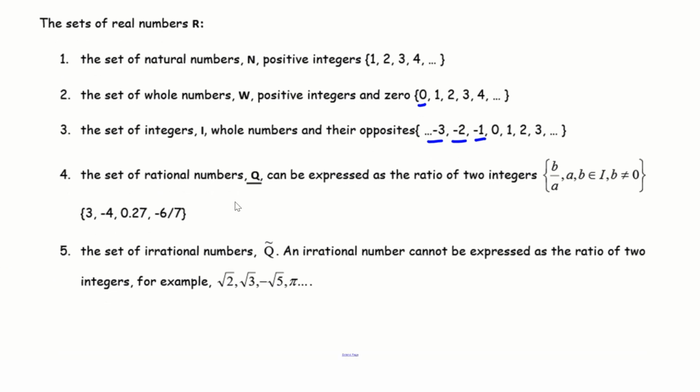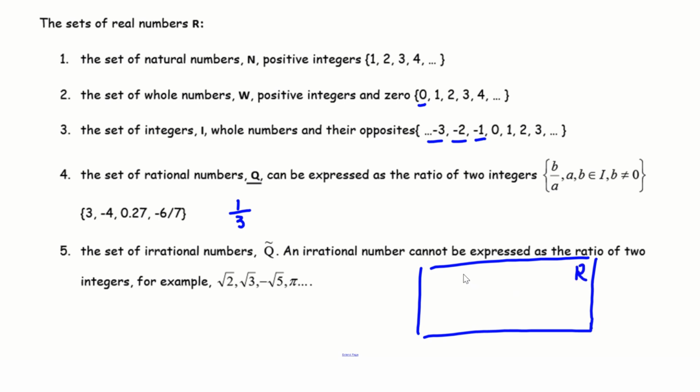And for the fractions, even if you have no ending, but there is a pattern, so that is still a rational number. If we draw the number set, it's kind of all this one big box is real numbers.